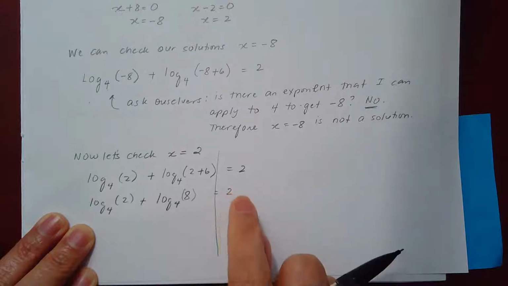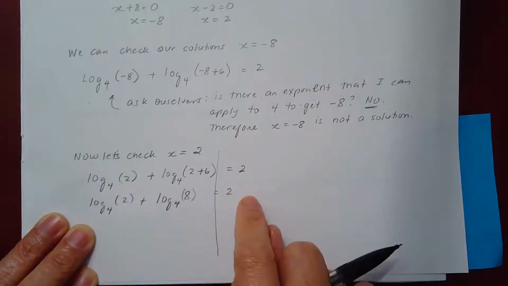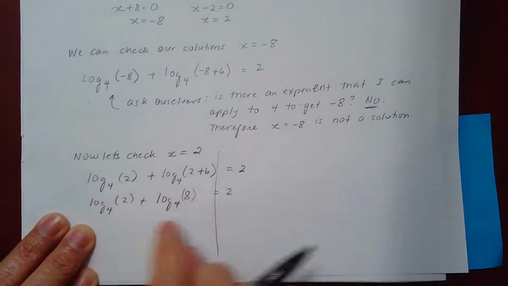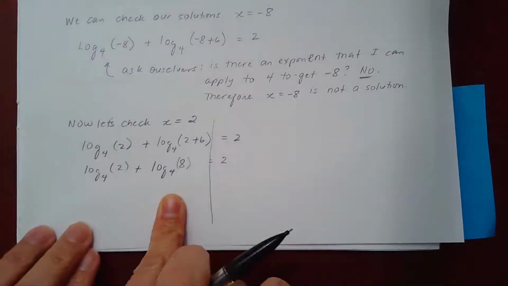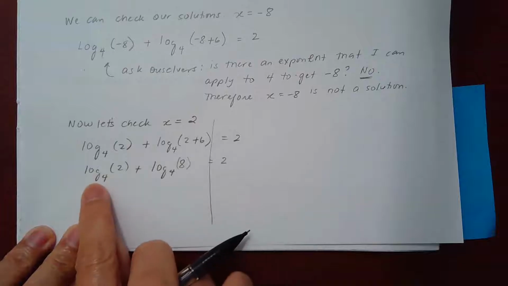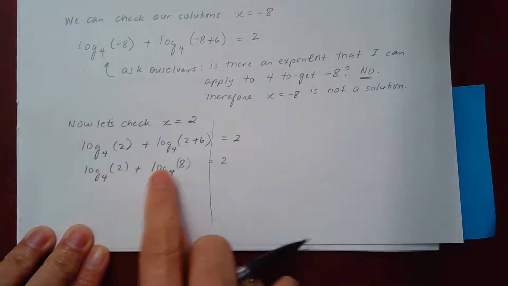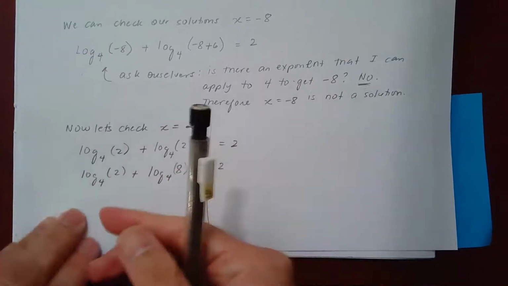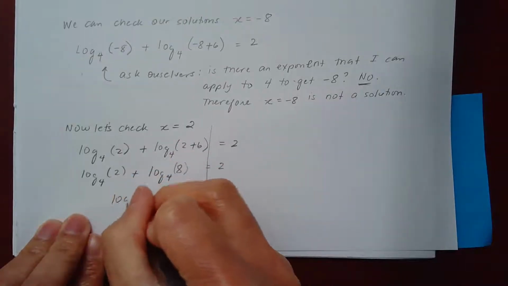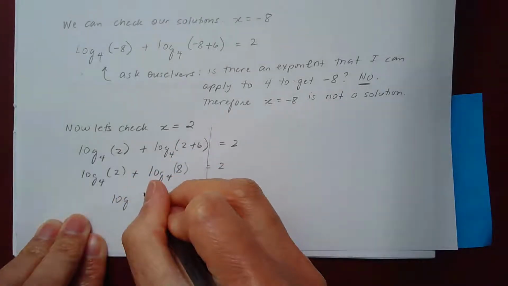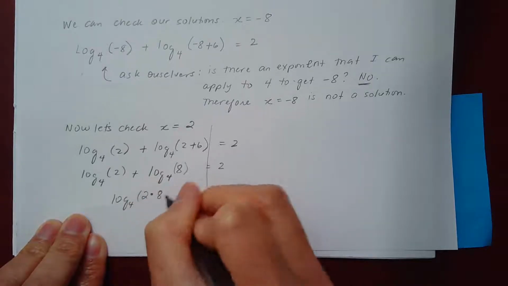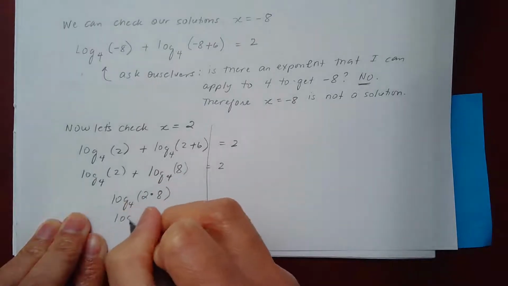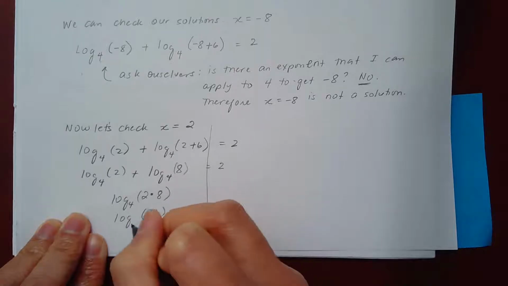We know that the right side is always going to be 2, so let's see if this side gives us 2 as well. Log base 4 of 2 plus log base 4 of 8, we can combine those two to make log base 4 of 2 times 8, and that becomes log base 4 of 16.